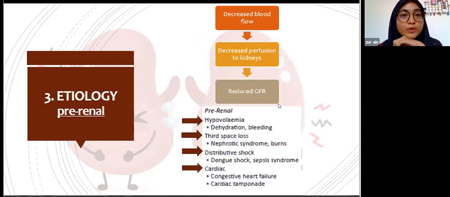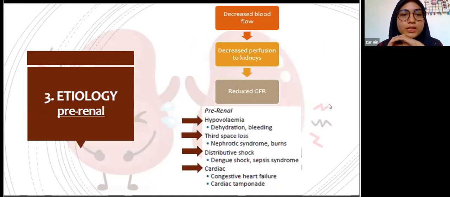Okay, so number one, what happens in pre-renal AKI is that there is a reduced blood flow or reduced effective circulation or perfusion into the kidney, which leads to reduced GFR and then AKI.